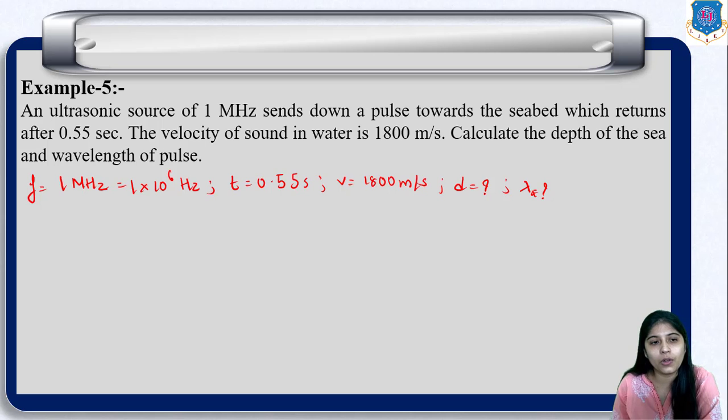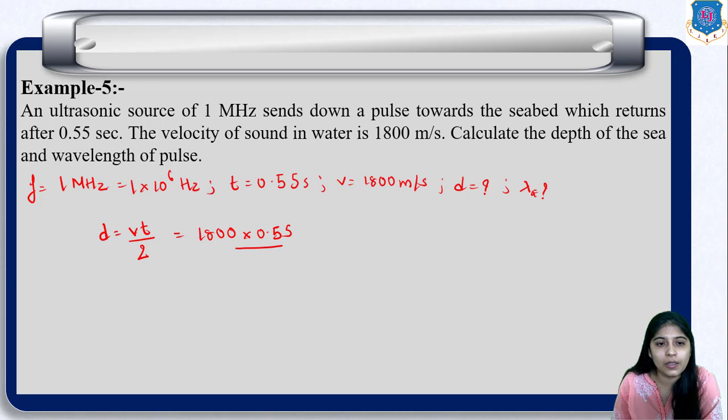Okay, so first of all, we know that in case of sonar, depth of the sea can be found out as d is equal to Vt by 2, right? So here velocity is 1800 meter per second into 0.55, this is t, upon 2. So this comes out to be 495 meter. Then we need to find lambda u.